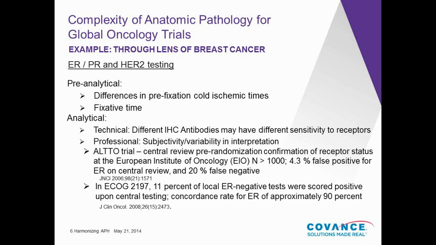Both of these areas are subject to variation or variability. And if we look at pre-analytical first, we see that there's differences, and this has been written up a lot for ER and PR, in pre-fixation cold ischemia times actually make a big difference in the end result and what shows up as positive for estrogen or progesterone receptor.